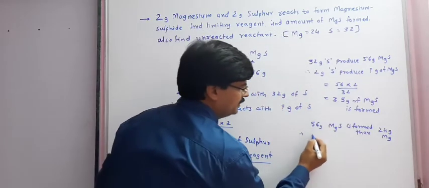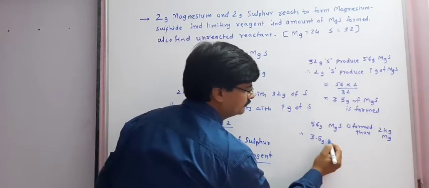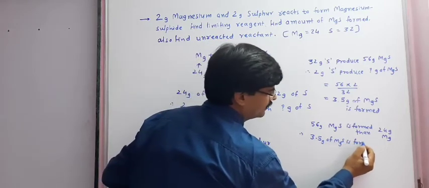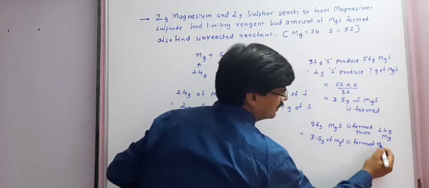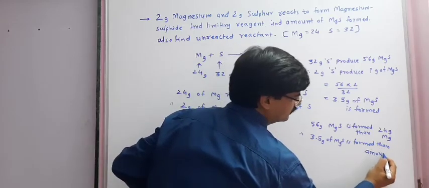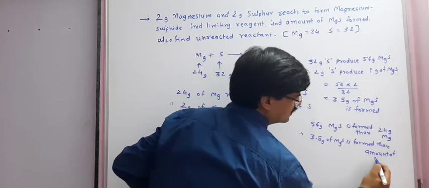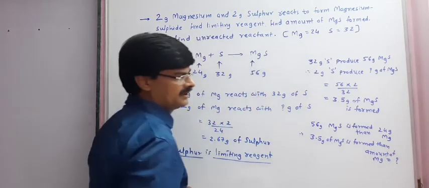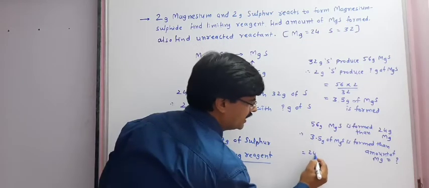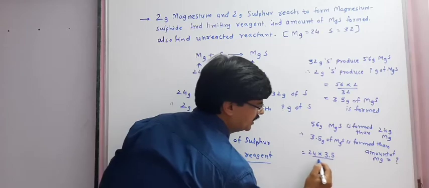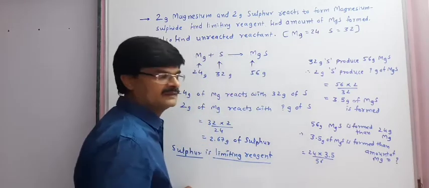Therefore, 3.5 gram of MgS is formed. Then amount of magnesium will be what? 24 into 3.5 divided by 56.